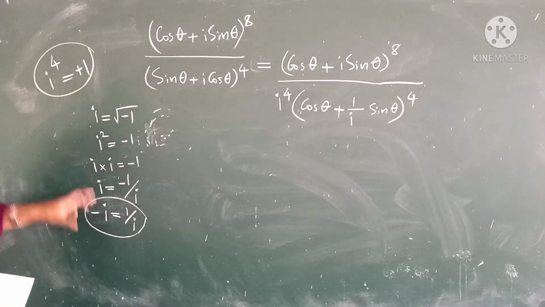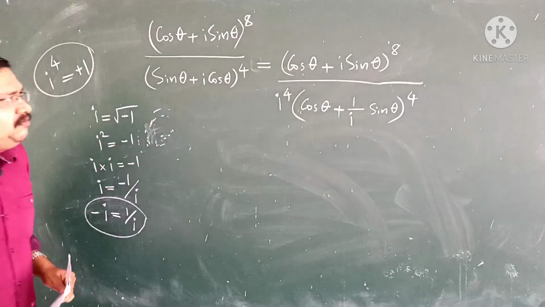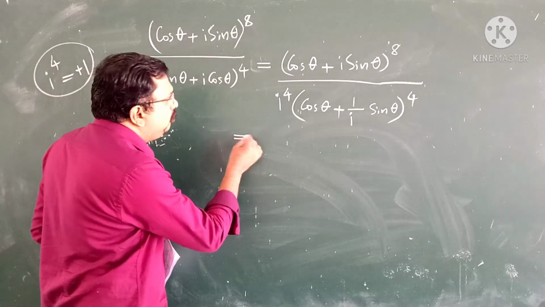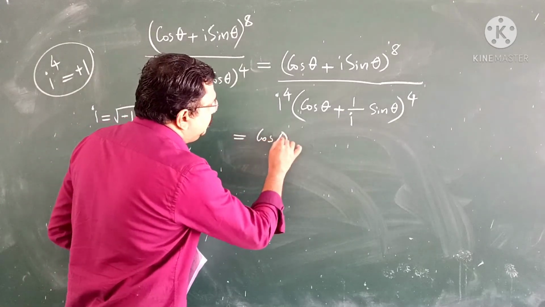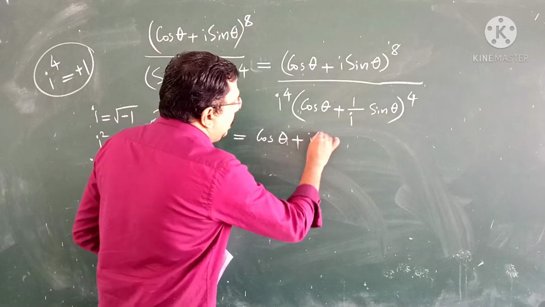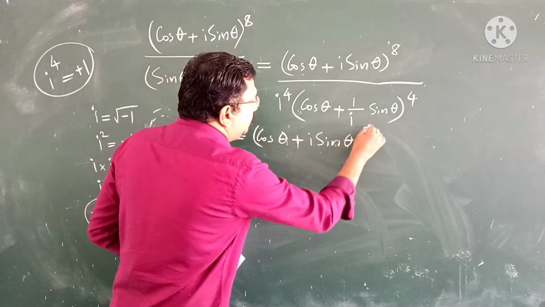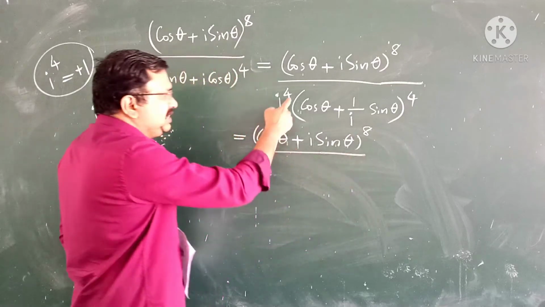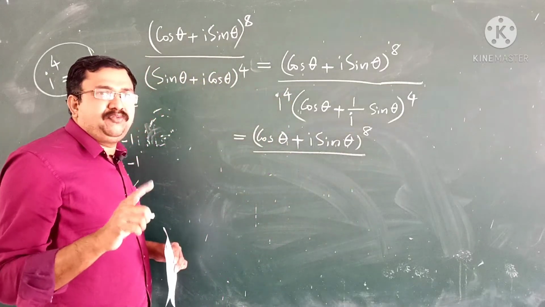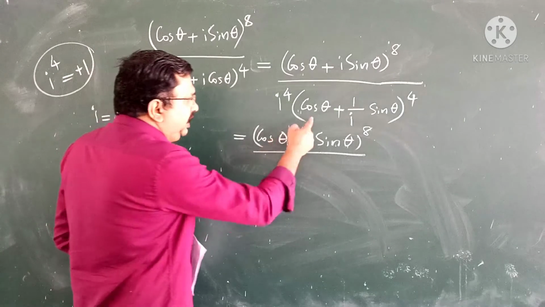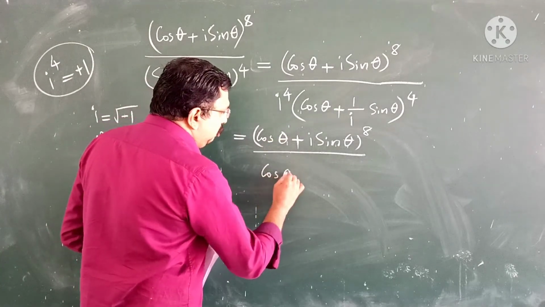We are applying these two results here, then we will get, which is equal to (cos theta plus i sin theta) the whole raised to 8 divided by, what is i raised to 4? i raised to 4 is 1. The remaining is cos theta.